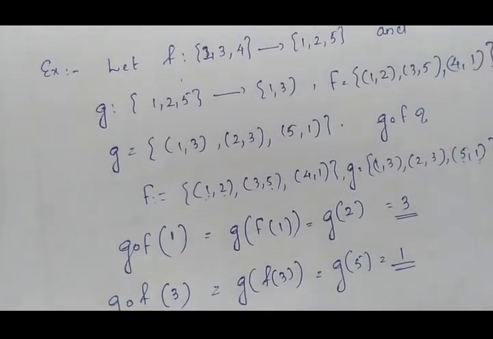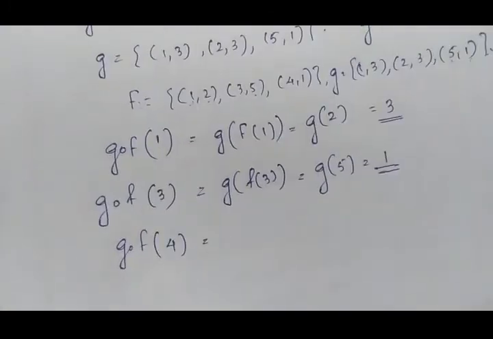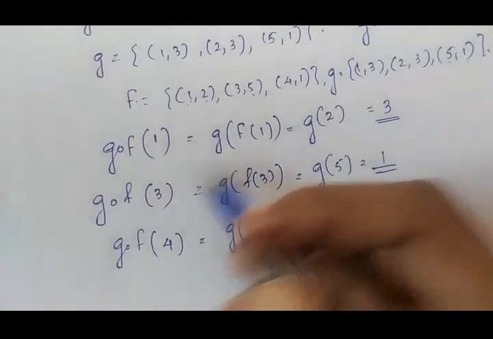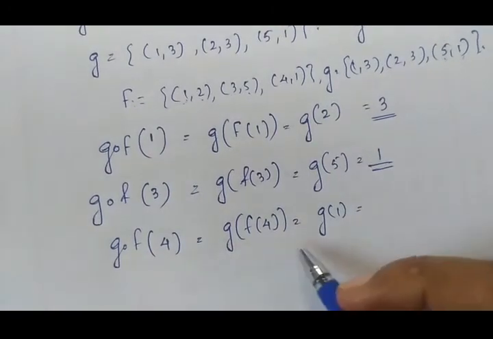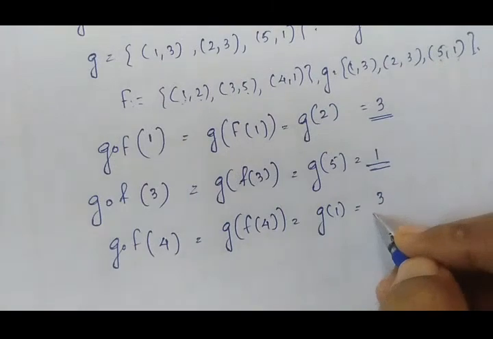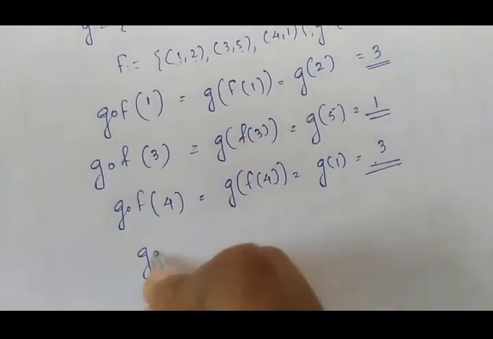Another one, (g∘f)(4) is equal to g(f(4)), and f(4) is equal to 1, so g(1) is equal to 3.